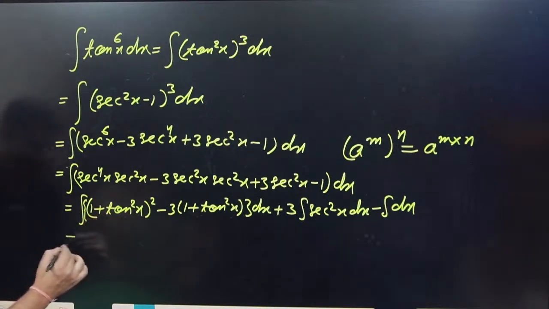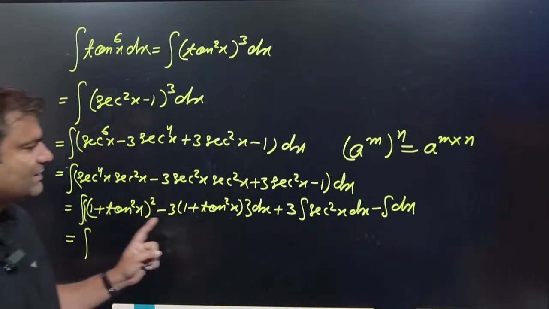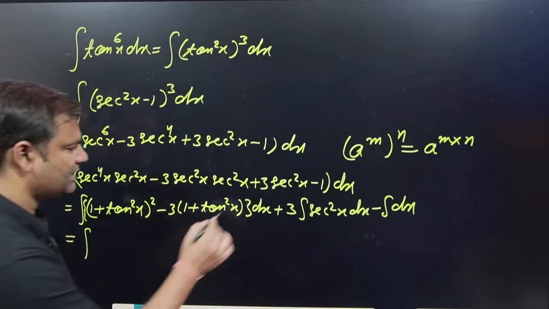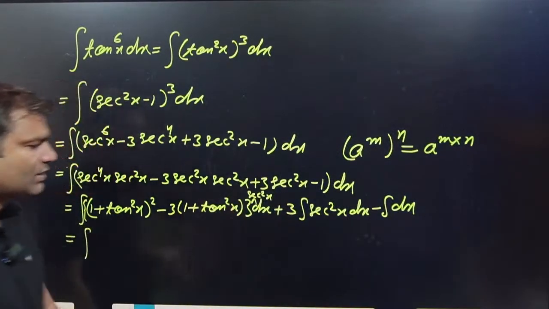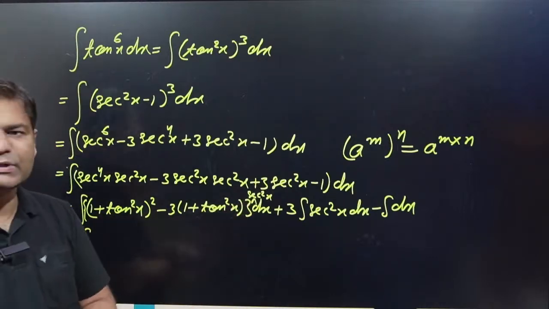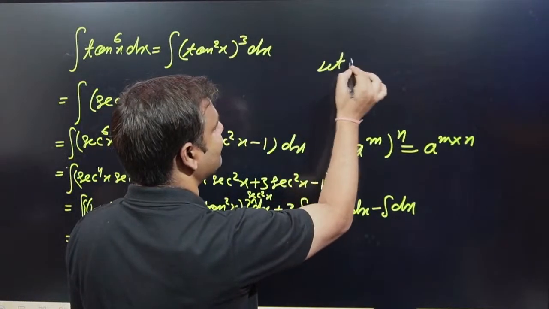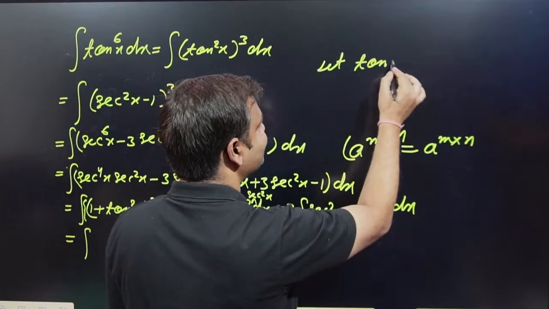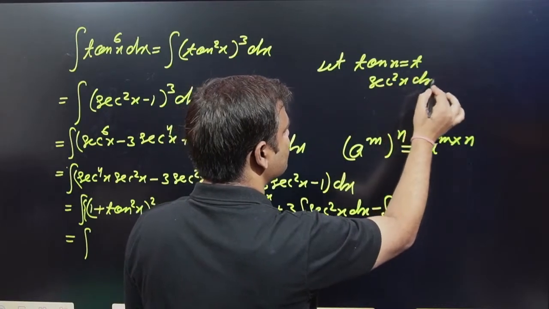Now, what about that value? If you expand, basically tan x is replaced by t. Then sec square x dx is replaced by dt. Let tan x be t, then sec square x dx is replaced by dt.